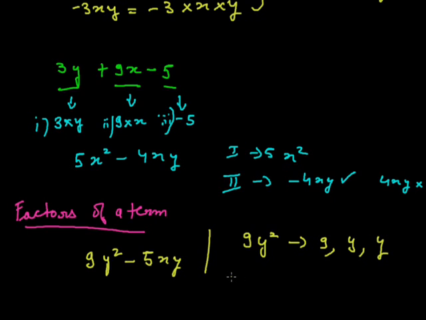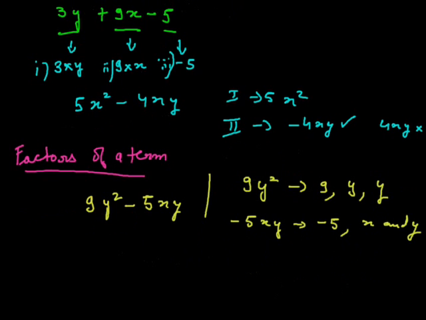And the second term, minus 5xy, has the factors minus 5x and y. Since minus 5xy is obtained by the product of these factors and 9y square is obtained by the product of 9y and y, any term is the product of its factors.